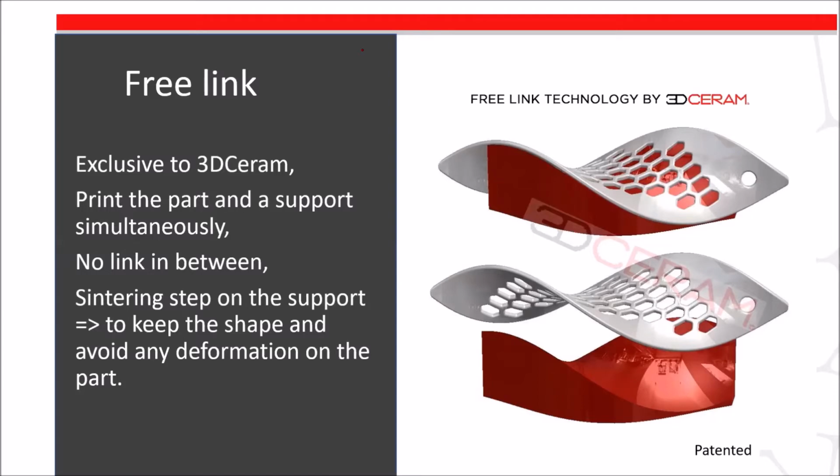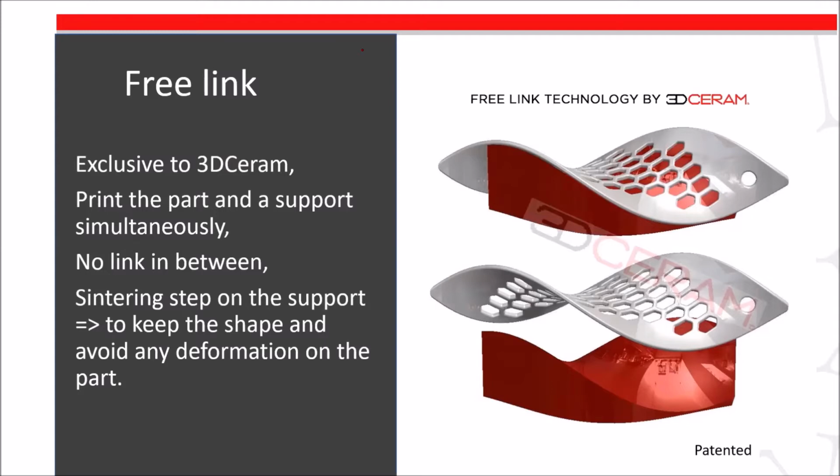So after printing, it's really easy to remove and unstick the part from the support. No need to do machining. That's really easier for post-process. And the other advantage of using this Freelink technology is we reuse the support for debinding and sintering to avoid any deformation on the part, because the support will take the same shrinkage as the part.